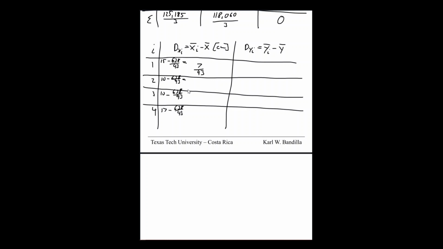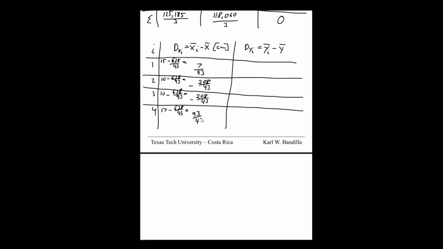The second one, I get minus 208 over 43. The next one, I should get the same thing, minus 208 over 43. And then for the last one, I get 93 over 43.